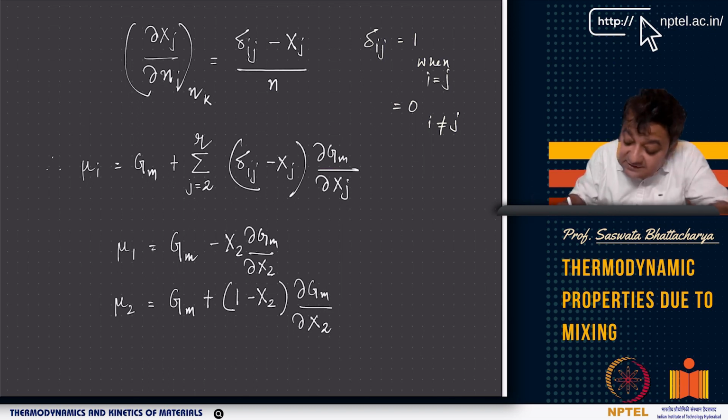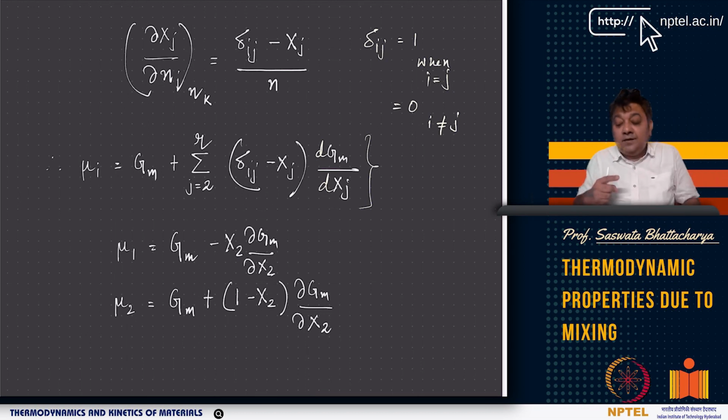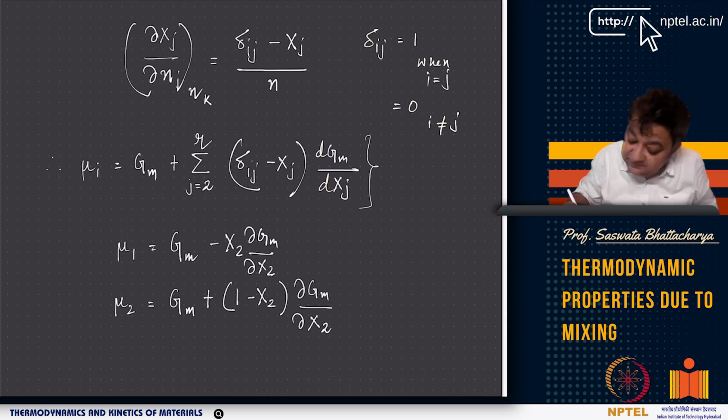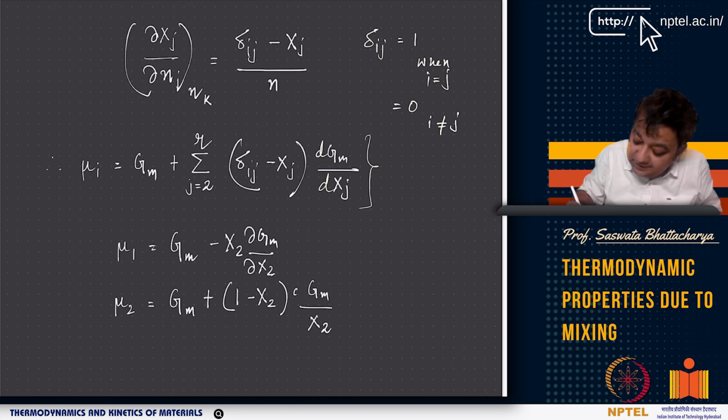Del GM del xj is the generalized slope. Remember, instead of writing del GM del xj, which I do not like, it is better to write dGM dxj, for one of the components, because these are not all independent.